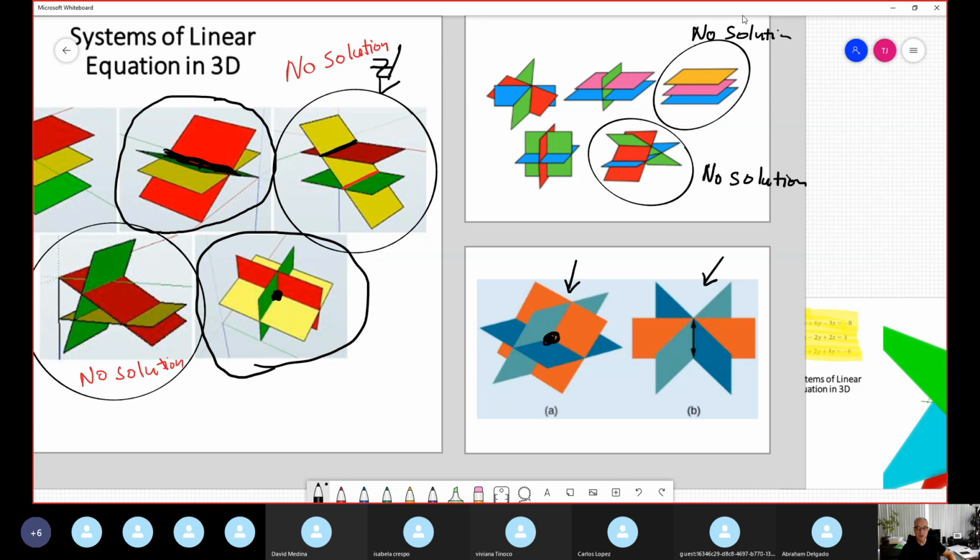And what about this? Solution or no? It has 1 solution. One solution. Very good. You get approximately the idea.